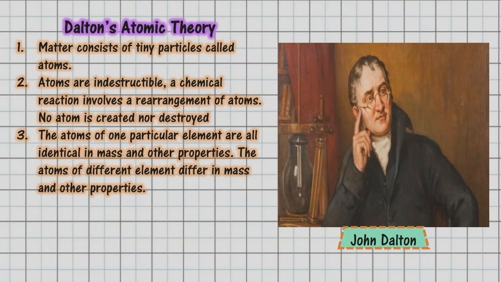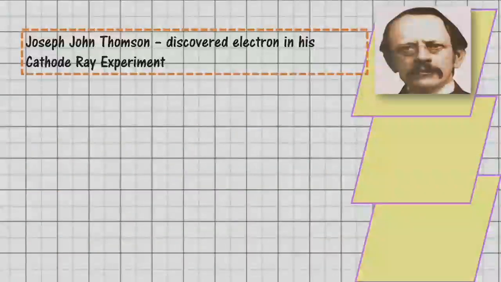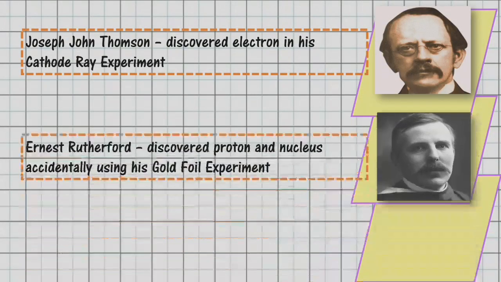The atoms of different elements differ in mass and other properties. When atoms of different elements combine into compounds, the constituent atoms are always present in the same fixed numerical ratio.